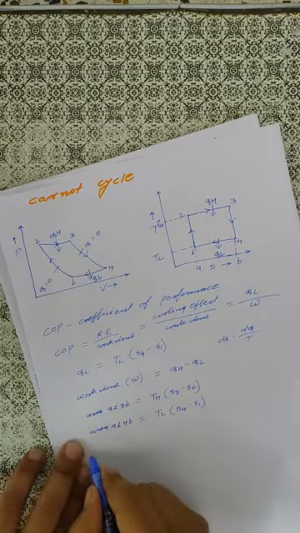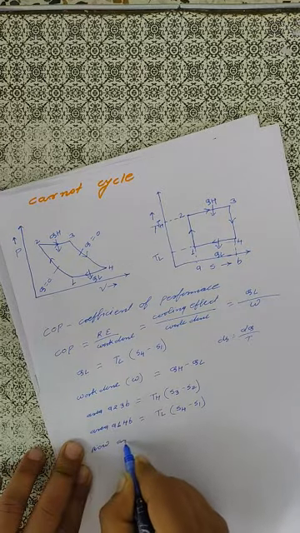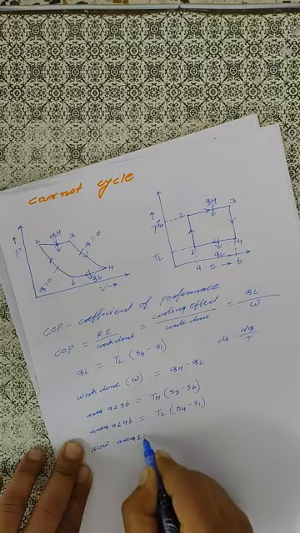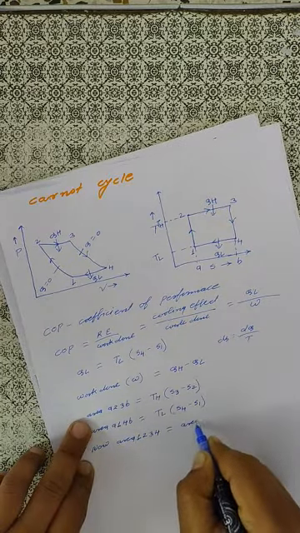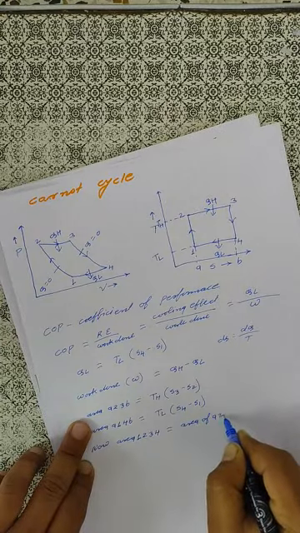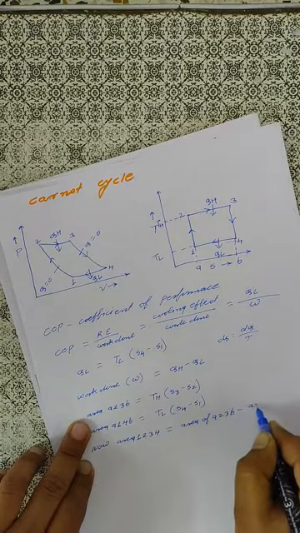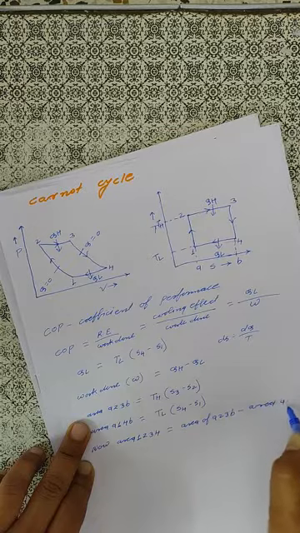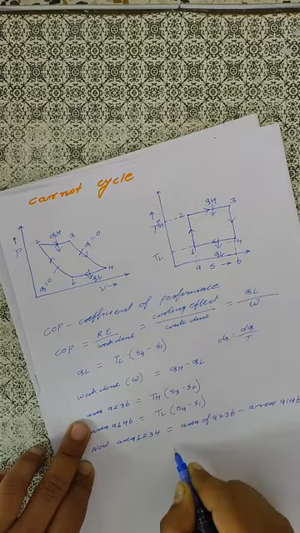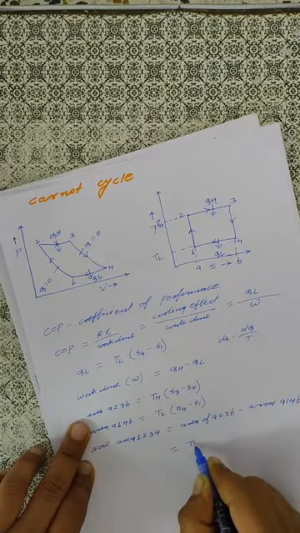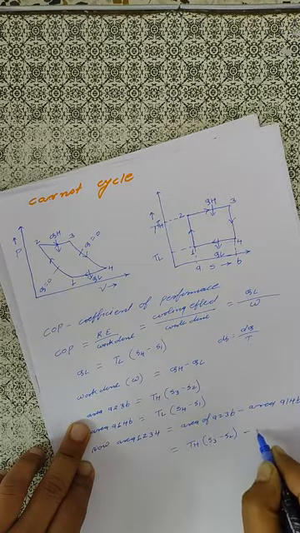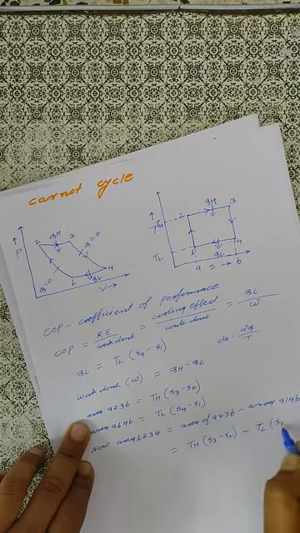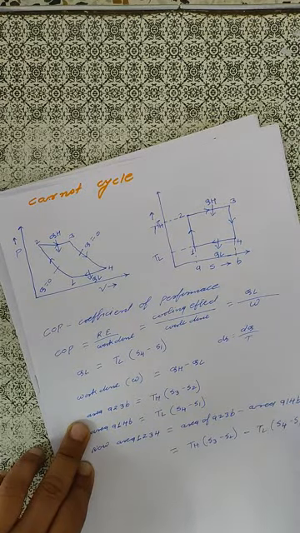Okay. Now the area of this rectangle 1, 2, 3, 4 will be area of A23B minus area of A14B, that is equal to TH into S3 minus S2 minus TL into S4 minus S1.